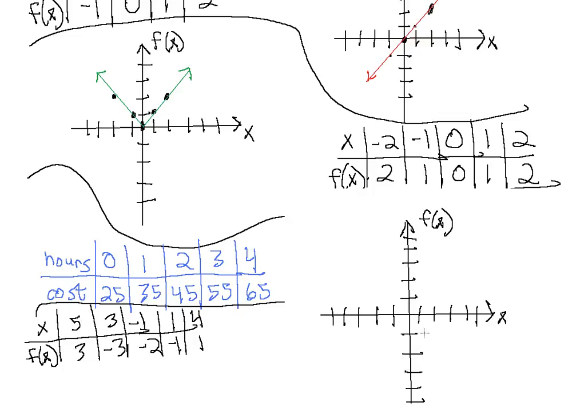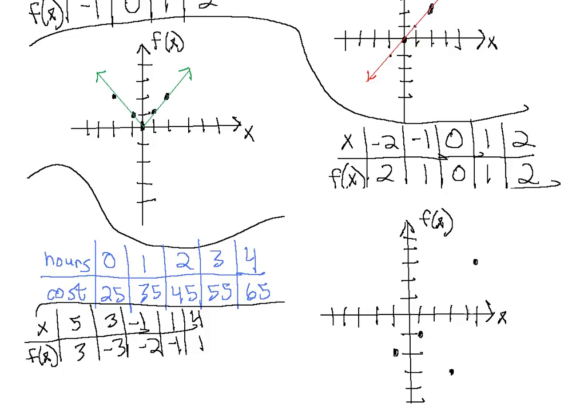We have 5 and 3, which is 1, 2, 3, 4, 5, 1, 2, 3. So we have a point right here. 3 and minus 3 is our next point, which would be down here. Minus 1 and minus 2 is right here. Positive 1 and minus 1 is right here.